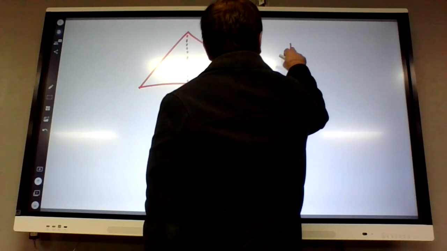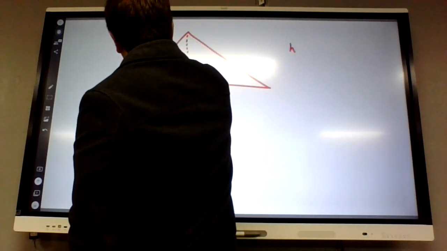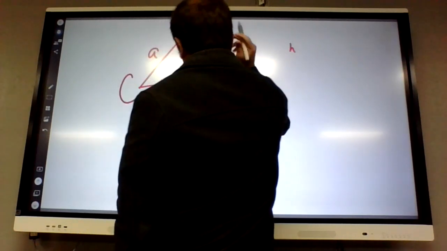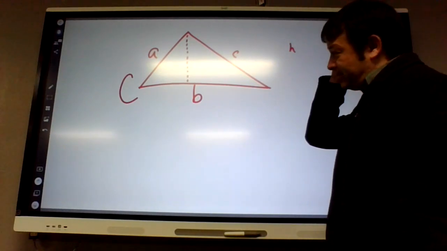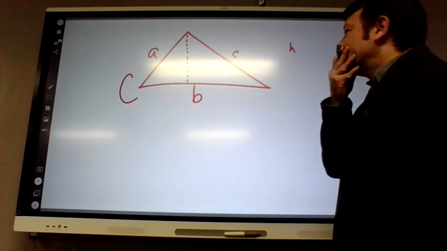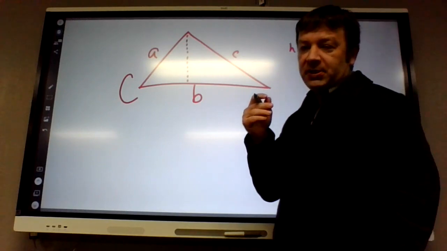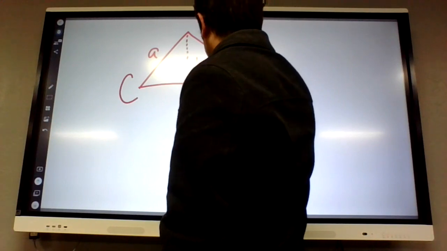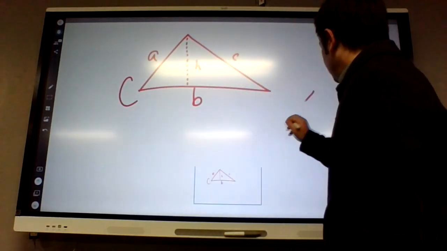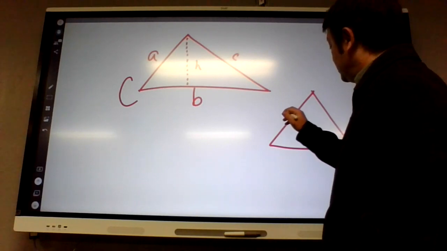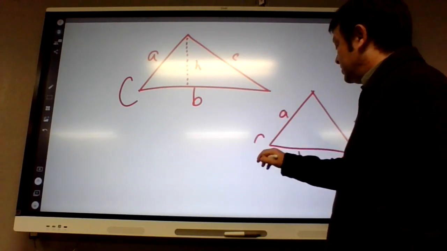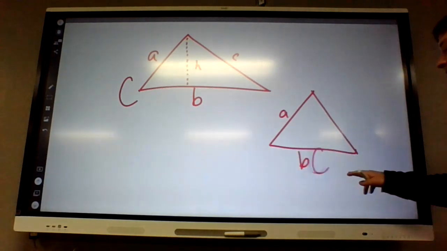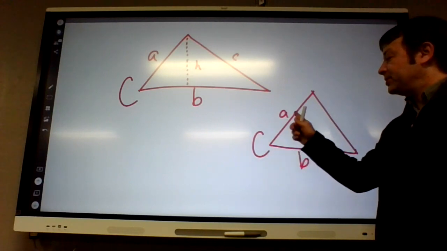Alright, we'll call this side A, we'll call this angle C. For this to work, you need a side, an angle, and a side, like side, angle, side. So the angle can't be over here. It's got to be between the two sides.